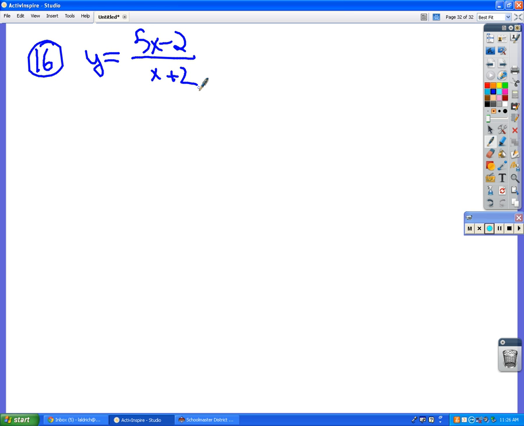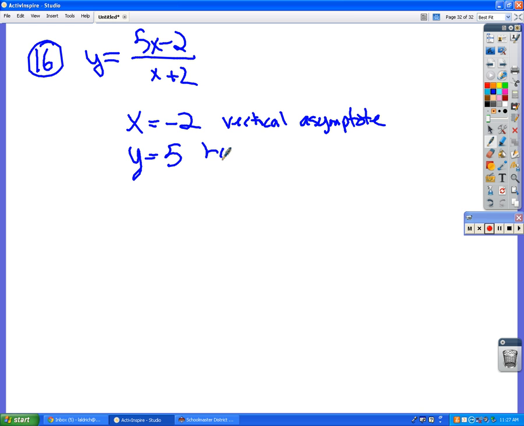Okay, so what do we have going on here? X equals -2 is a what? Vertical asymptote. Yeah, and then there's no holes because that won't cancel this time, right, y equals 5 is the horizontal.